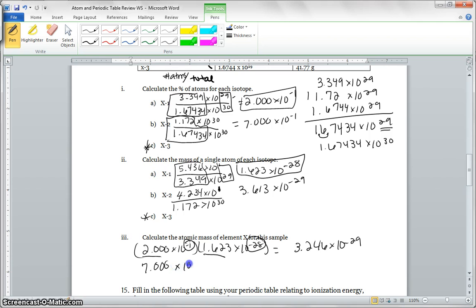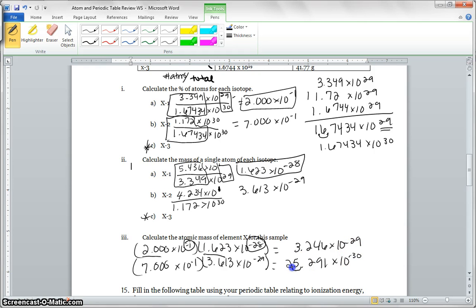And then we do the next set of numbers: 7.000 times 10 to the negative first, times 3.613 times 10 to the negative 29th. Then we actually get 25.291 times 10 to the negative 30th.